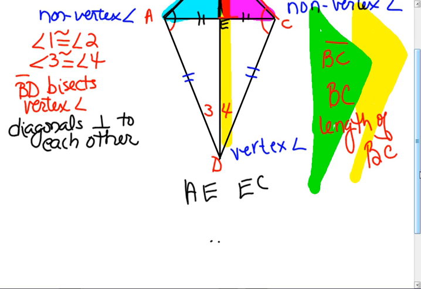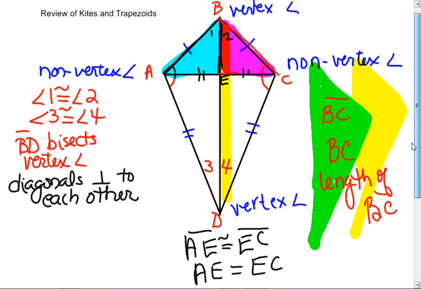You can say AE is congruent to EC, or you can say the length of AE equals the length of EC. So when I have diagonals, one is a perpendicular bisector of the other, and I just draw the picture. Yes, E is this point right here. It was drawn on the segment there.